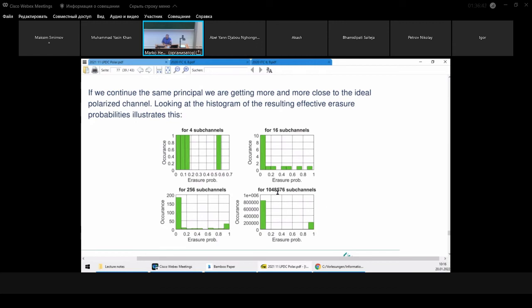Basically, if we drive the polarization all the way to the end, we will see this perfect polarization into the useful channels and the completely useless channels. Okay, so this is basically how this would scale up.